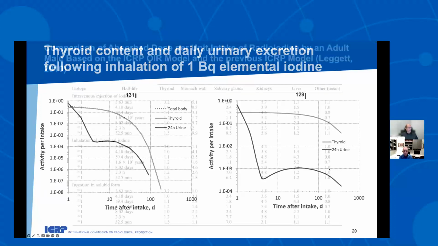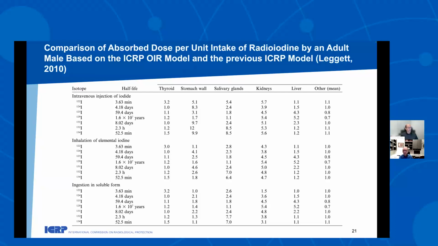And probably some final slides to demonstrate the importance of properly physiologically oriented models and modeling of short-term kinetics. You can see that, for example, for short-lived iodines, like iodine 132 and other radionuclides, the ratio between the previous predictions and current predictions of the doses is really substantial. So this is the current stage.